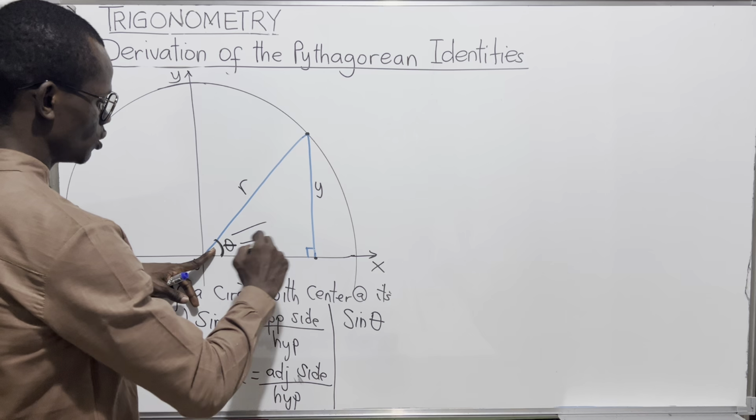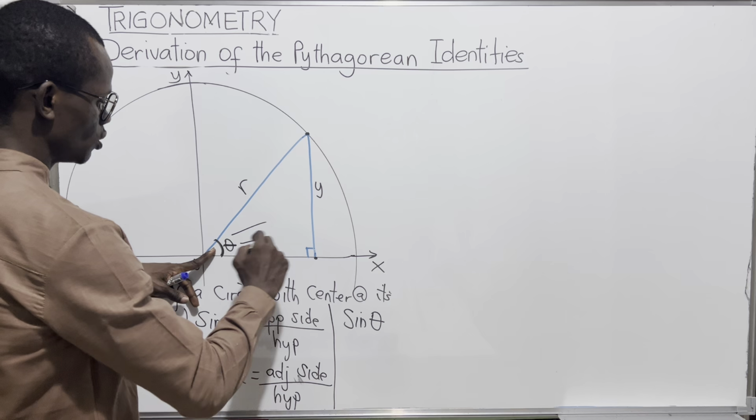So since we are dealing with a circle with the center at its origin, we can use the equation of a circle with center at its origin. So if we do that, we will see that the equation is x squared plus y squared equals r squared.